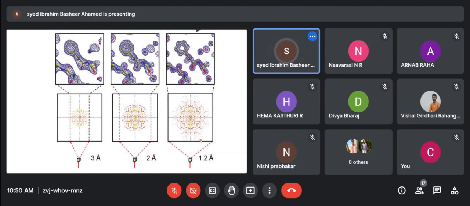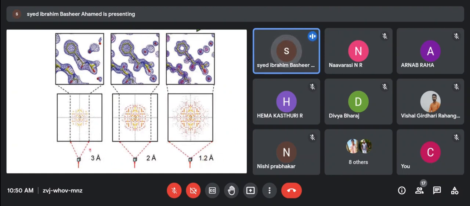Whereas at atomic resolution, you could see a large number of scattered reflections, which will help you to index very accurately. All right, so this is the advantage of having high resolution data.